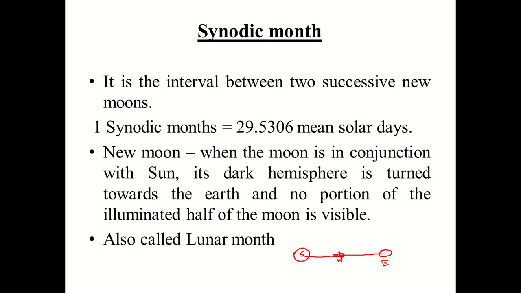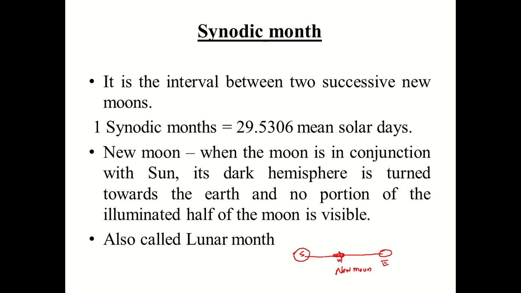So illuminated portions of the moon cannot be seen from the earth when the moon comes in the line between the earth and the sun. That is called new moon.